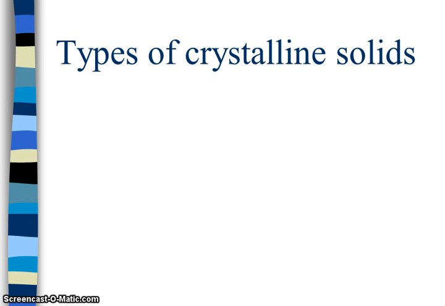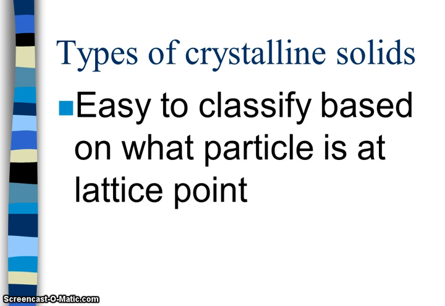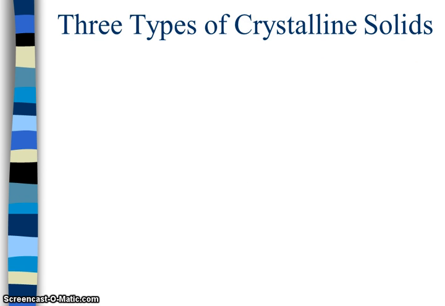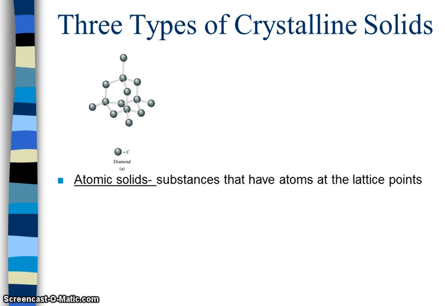We do want to talk about the types of crystalline solids. It's easy for us to classify them based on what's at the lattice points of the unit cells of these crystalline solids. We have three types of crystalline solids. Our first type are what we call atomic solids.